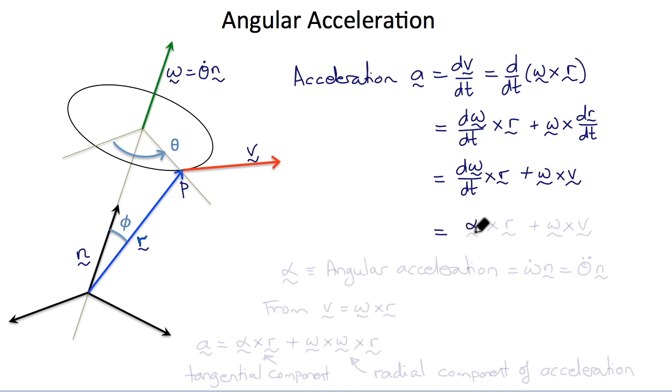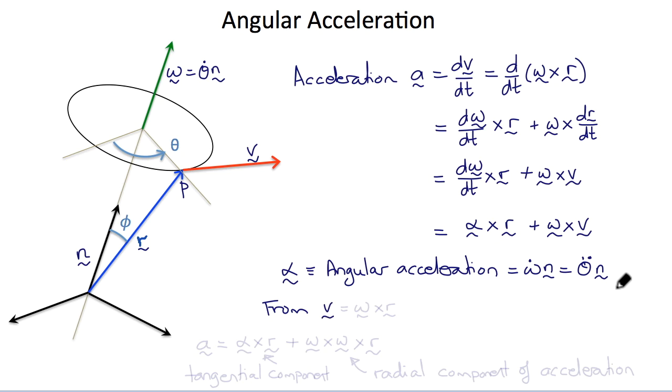And d omega/dt is alpha, the angular acceleration vector, so we get that a is equal to alpha cross r plus omega cross v. So the angular acceleration alpha also acts along the axis of n, and its magnitude is omega dot or theta double dot.